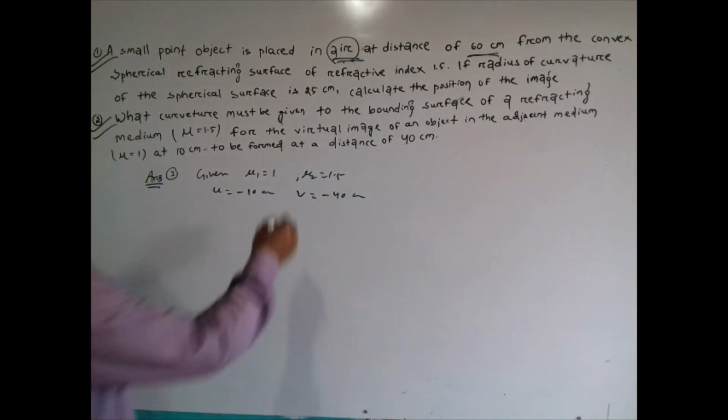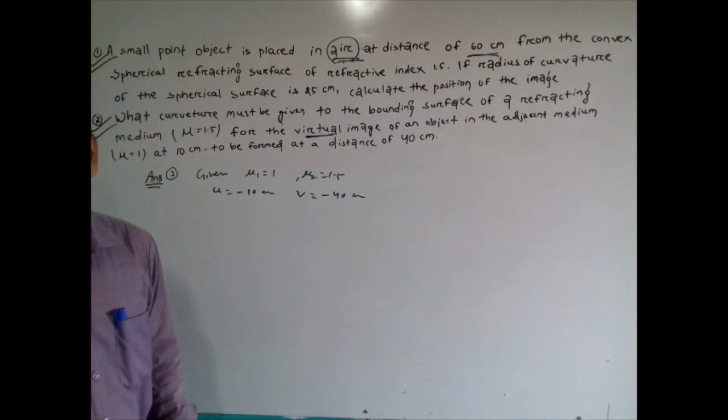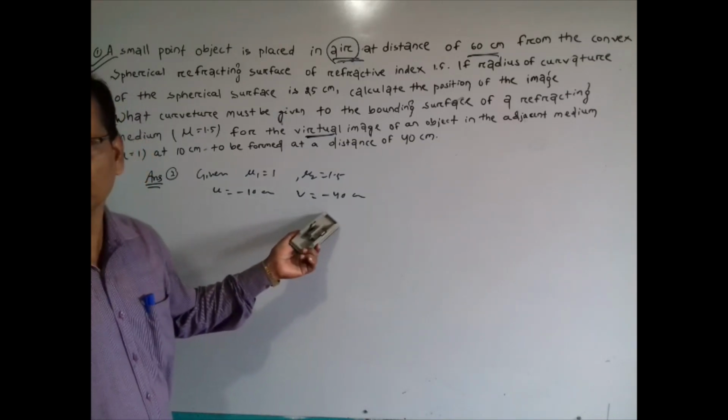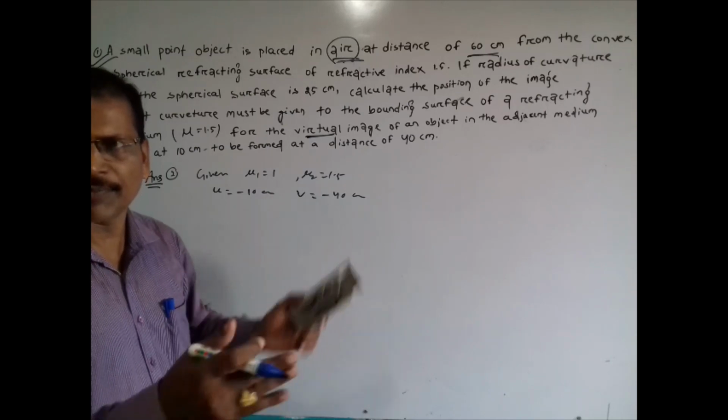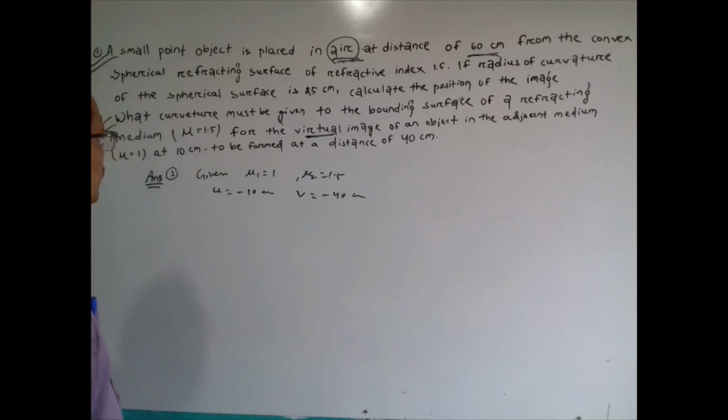Being the image is virtual, it is formed on the same side of the object, so u is minus and v is also minus. If it is real then it is plus, virtual means it is minus.